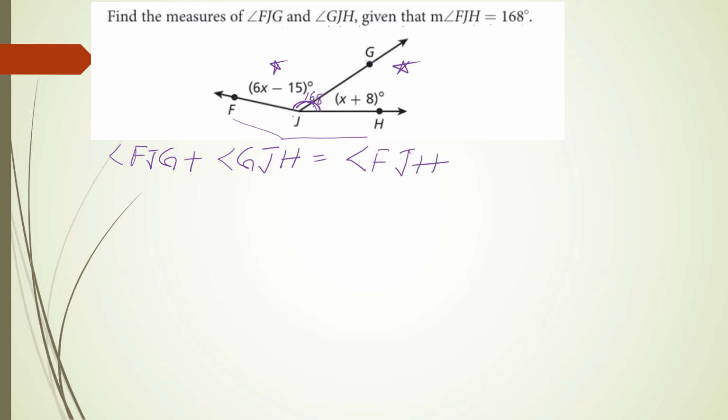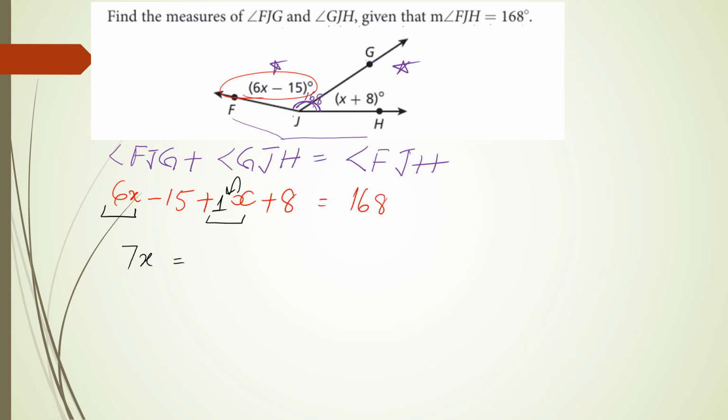Now replace the values. FJG is 6x minus 15 plus GJH is x plus 8 equals 168. Before the x, if there is no number, it means 1, and now combine the like terms. 6x plus 1x gives you 7x. I told you it is better to do everything at once, so bring all the numbers to the other side.